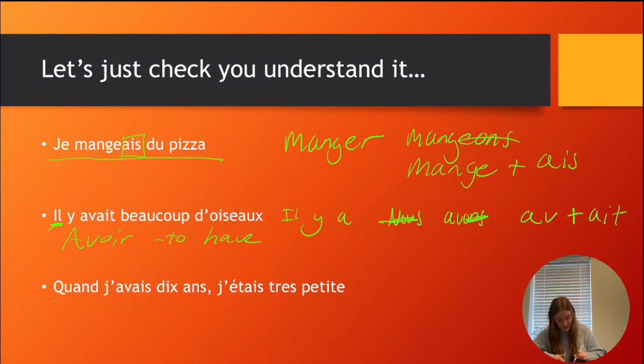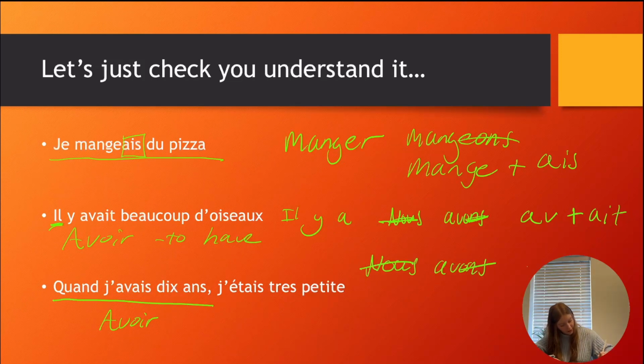Here again, this is a very common structure in GCSE French, okay? So, when I was 10, I was very little, okay? So here, what we're doing is, this bit is avoir. We're using avoir again. What we're doing is we've done the same thing as up here. We've taken the nous form of avoir, so nous avons. Don't need the pronoun, don't need ONS. We've just got av plus the je ending, which is AIS.